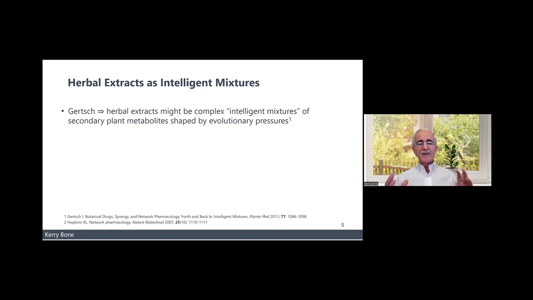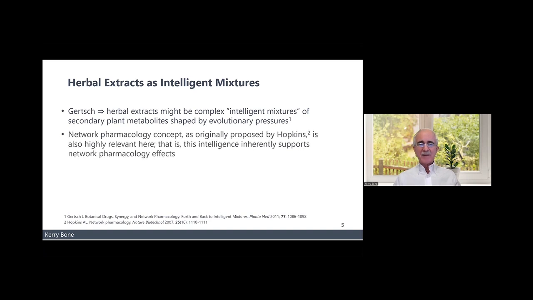This is particularly true when it relates to the secondary plant metabolites, the various active components and marker compounds that we use in herbal extracts, because these have been shaped by evolutionary pressures which lead to better enhanced survival of that plant from infection, from predators, from environmental challenges, from drought, whatever. It's created an essential intelligence in that mixture of secondary plant metabolites.